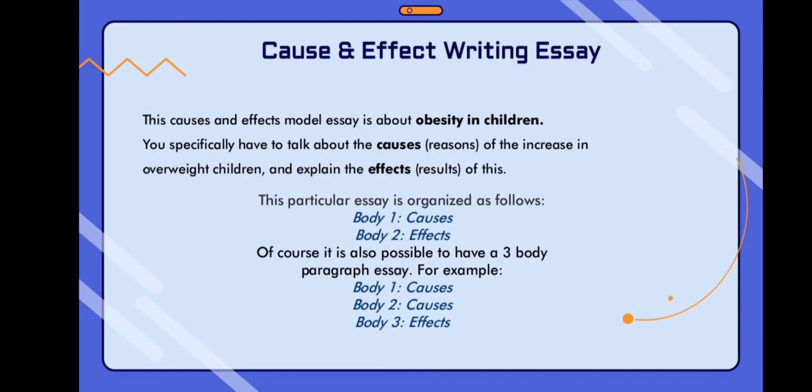This particular essay is organized as a flow: body paragraph 1 causes, body paragraph 2 effects. Of course, it is also possible to have a three-body paragraph essay. For example, body paragraph 1 causes, body paragraph 2 causes, and body paragraph 3 effects.